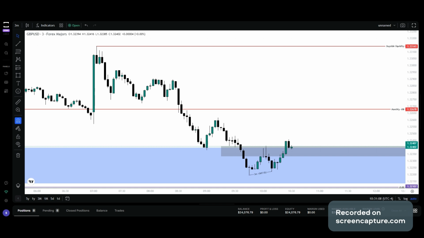So we didn't quite get our candle closure outside of that 15-minute sell side imbalance, buy side efficiency that I'm looking to become inverted, and I really would like to see that first. Even though we may just get our run here, that wouldn't surprise me at all if we just started to run.